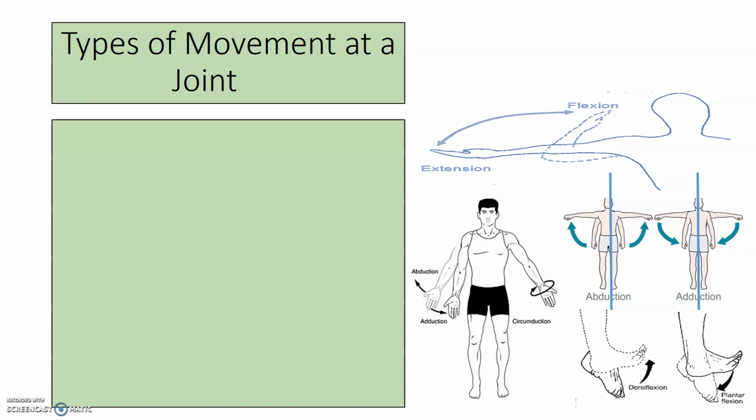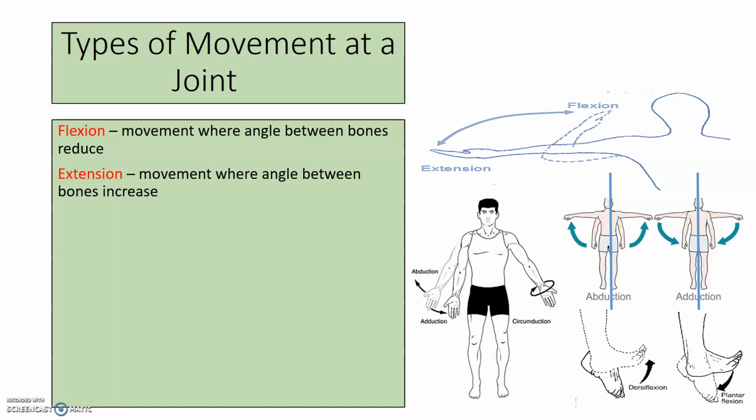All right, so let's look at the types of movement at a joint, and there are a few different types that I'm going to kind of whiz through, and then we're going to go through them in more detail in the specific muscles. So flexion and extension is the first two, and you can see from the diagram examples of the different muscle movement types.